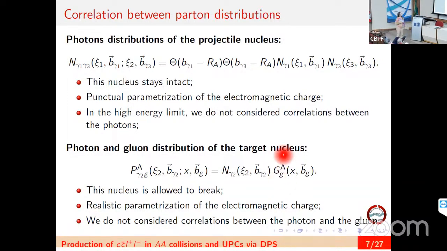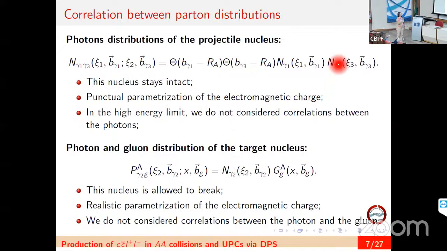Maybe we can pick the photon 1 from the projectile with the photon 2 from the target, put them together and integrate over the impact parameter of the photon that is going to produce the mu.